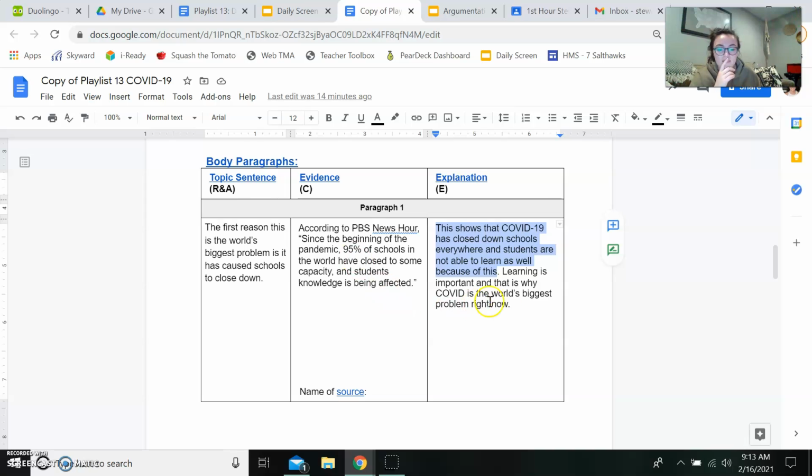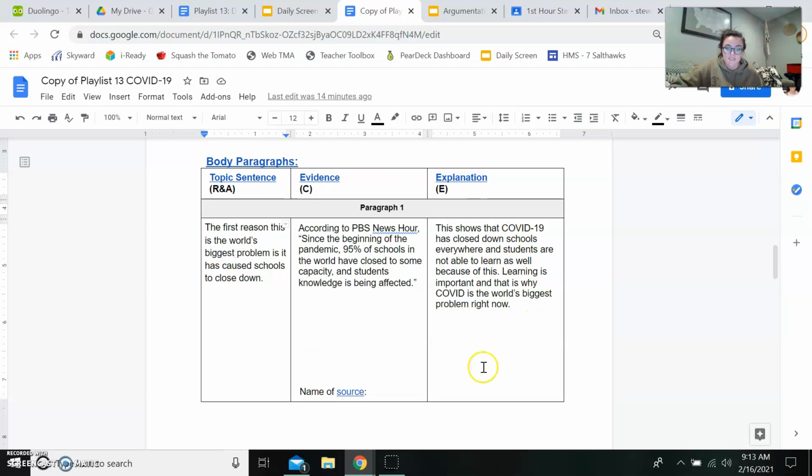And then your last sentence is just connecting it all back together. What I mean by that is that you have to explain how the evidence you provided actually does support your answer and the overall argument of the whole paper, which is that your problem is the biggest problem in the world. You have to just explain how your evidence has supported that, okay?